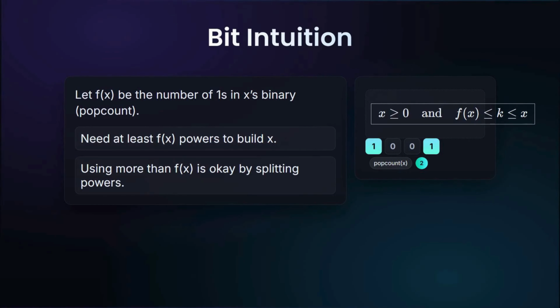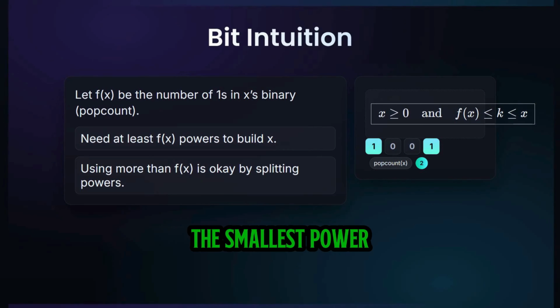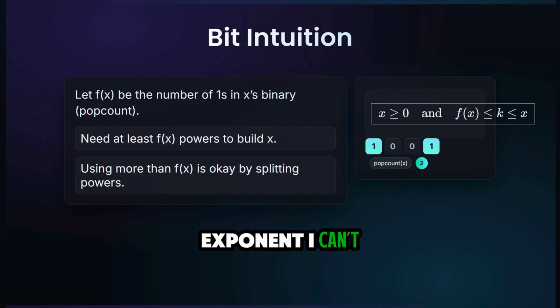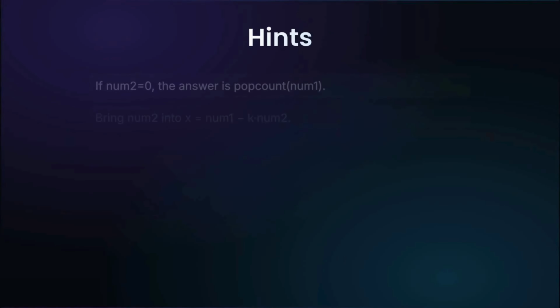Why the k less than or equal to x part? Because even if every coin were the smallest power, k 1s can only sum to k. So you can't make a value smaller than k with k coins. And because our exponent i can't exceed 60, it's enough to try k equals 1 up to 60.